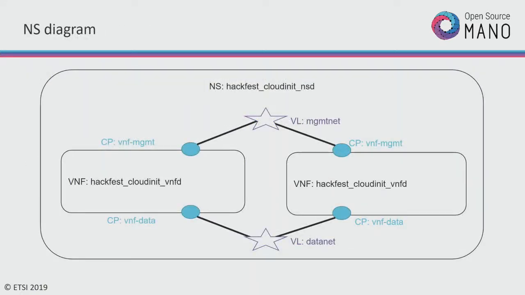So then we are going to use the descriptor of the multi-VDU and add the Cloud Init. We are only going to change the image and the name of the interfaces and add, of course, the Cloud Init file.